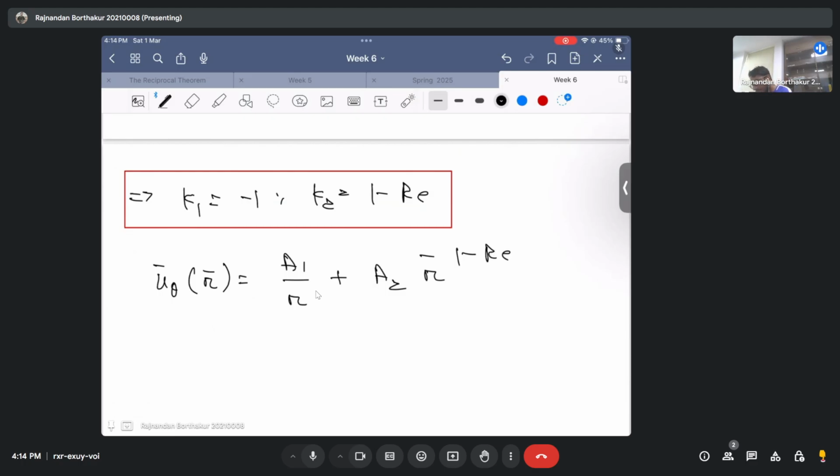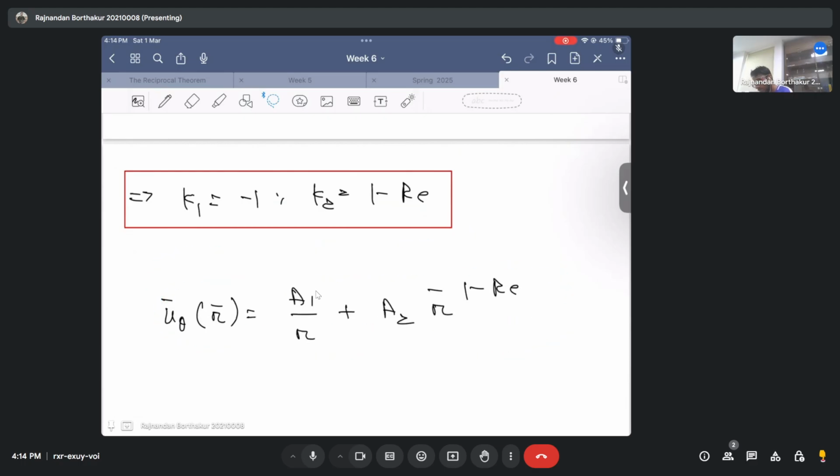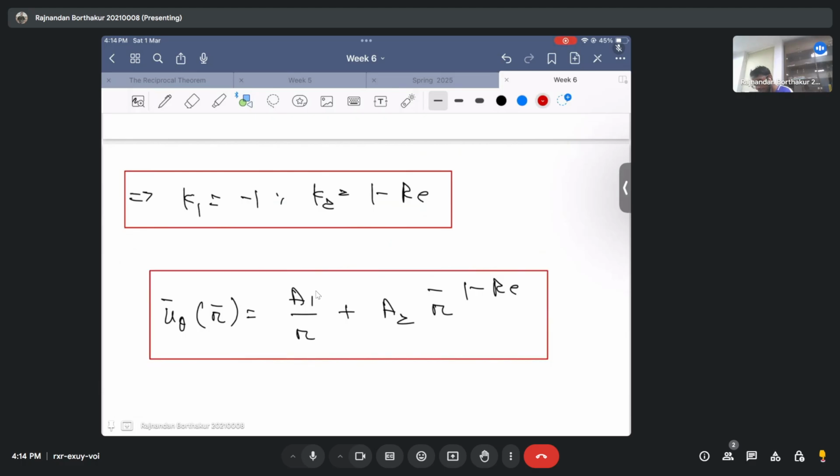That's the solution for u theta. I'll stop here for some time. I hope the algebra and the logic and the way of how we solve the equidimensional equation is clear. And now we'll see something very interesting.